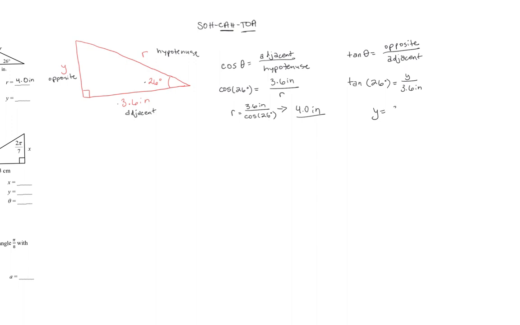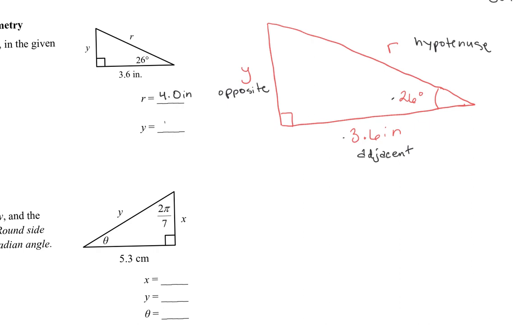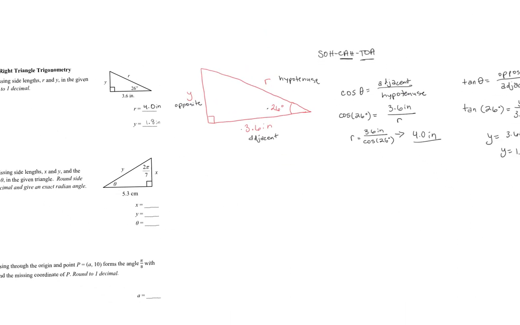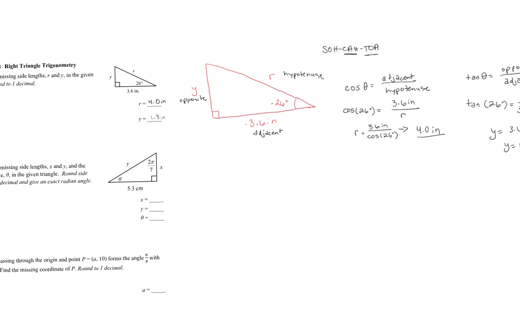That means Y is 3.6 inches times tan of 26 degrees, which means Y is roughly 1.75583, or if we round to 1 decimal, 1.8 inches. And that makes sense because we want our R to be the longest side, right?